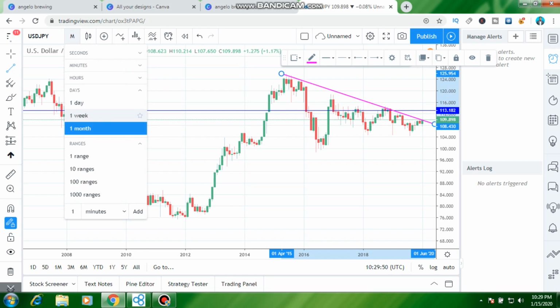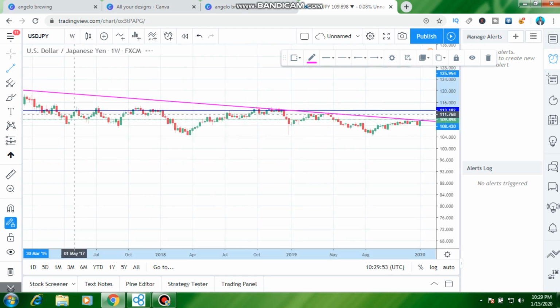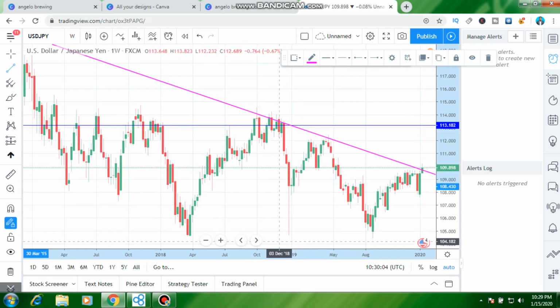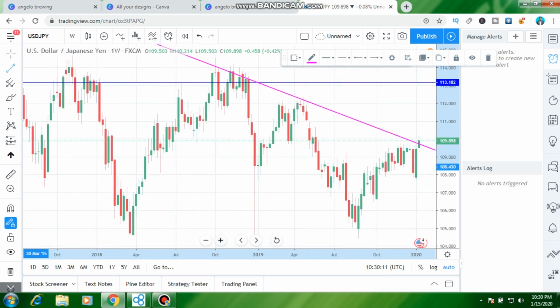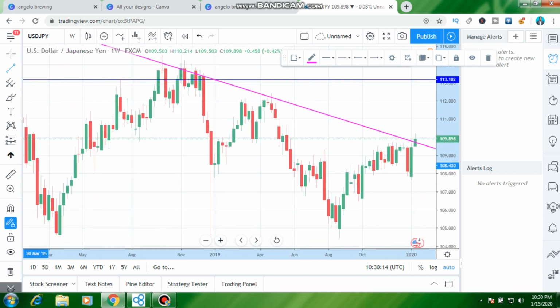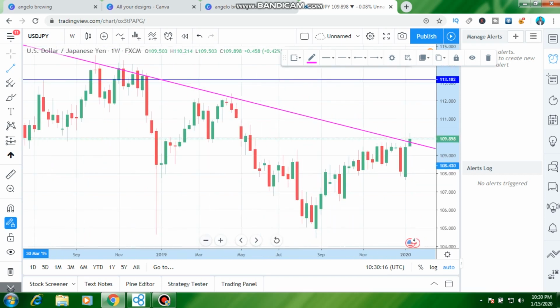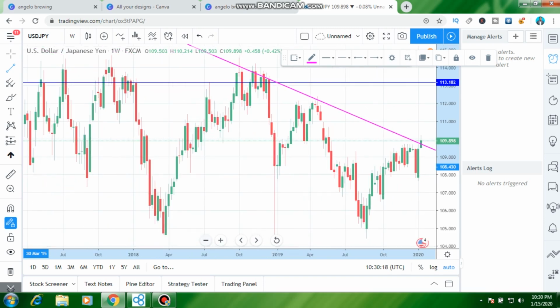So on the weekly time frame, this is what we see. Let me reset it. Good. On the weekly time frame, we can all see what is happening. The monthly trend line that I drew is still active, and we can all see it here. What do you see?